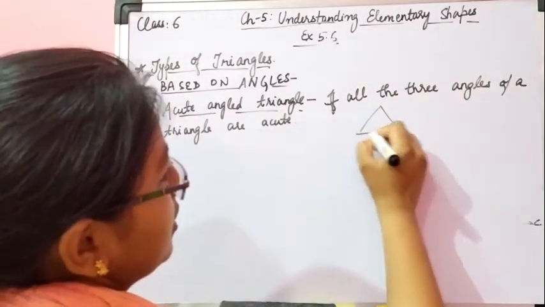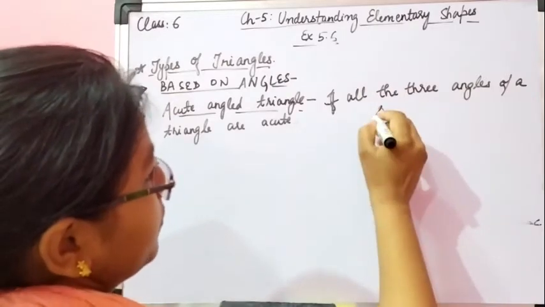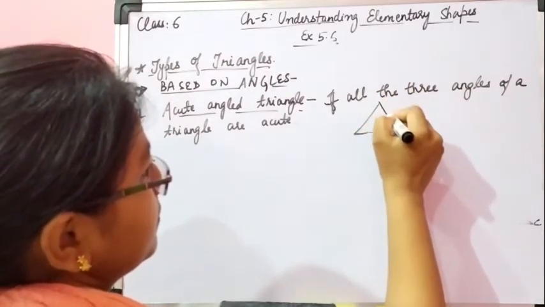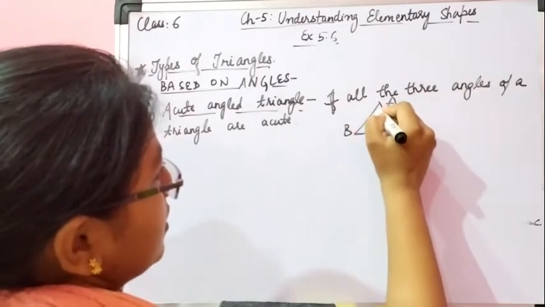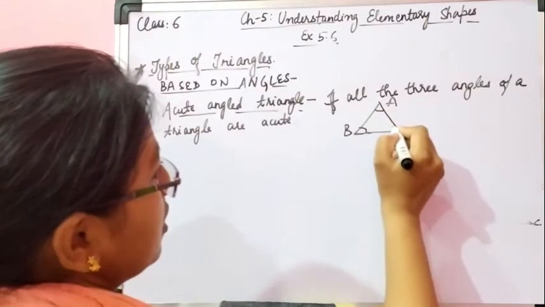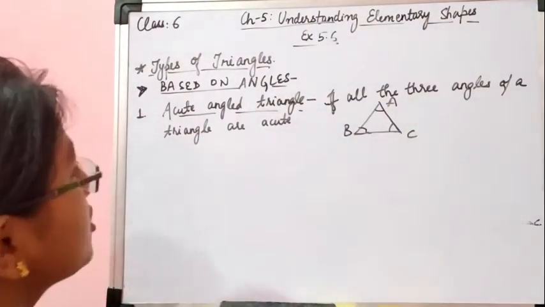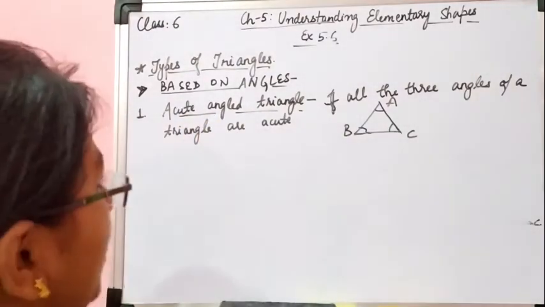It's very simple. This triangle we can draw. In this triangle, let's name it ABC. This angle is acute, this is also acute, and this is also acute. So if all the three angles of a triangle are acute, then it is an acute angled triangle.